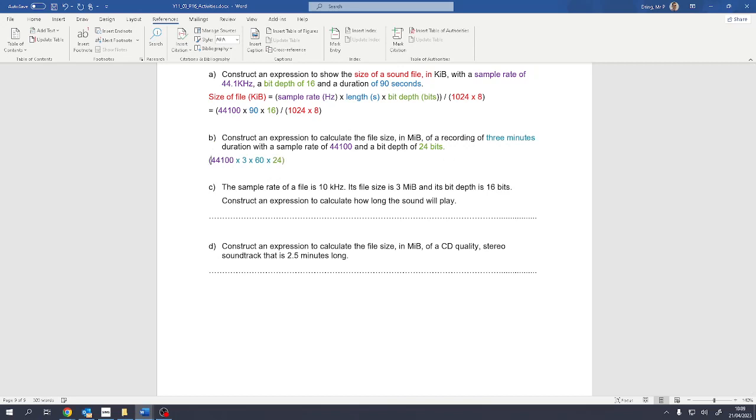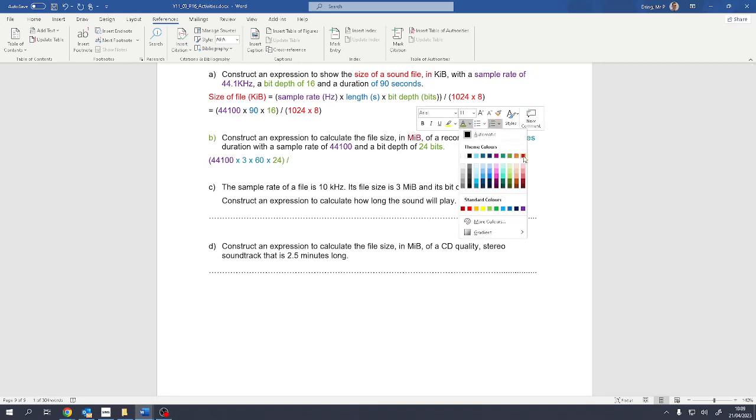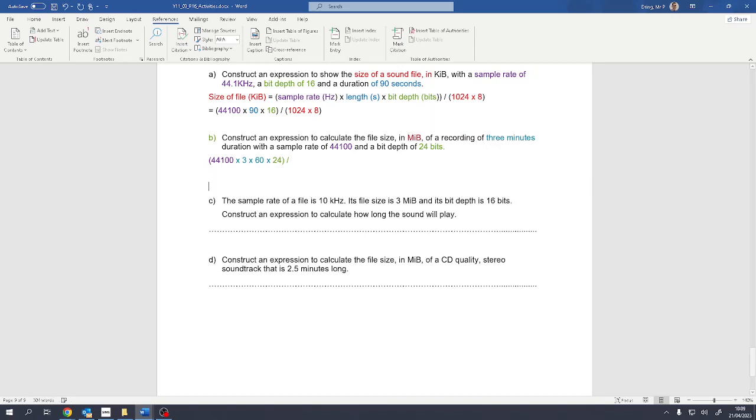So I need all of that to be divided by, we want megabytes. So if we're going to have an expression to do with file sizes, we want to do powers of 1024, but how many of them? Well, it's not kibi, it's mebi. So we've got to do 1024 raised to the power 2.